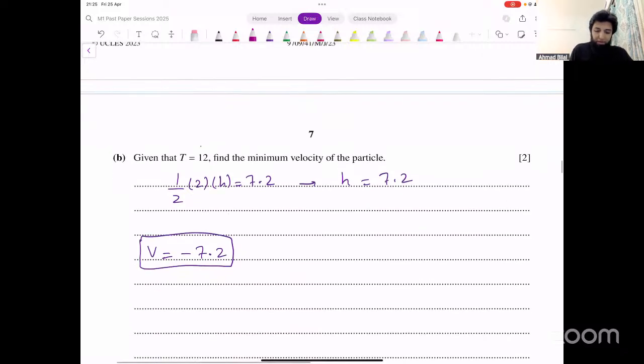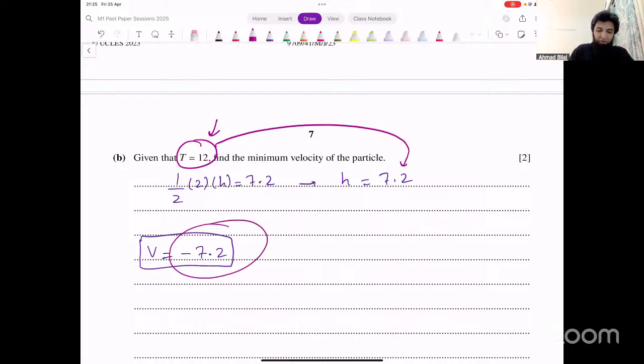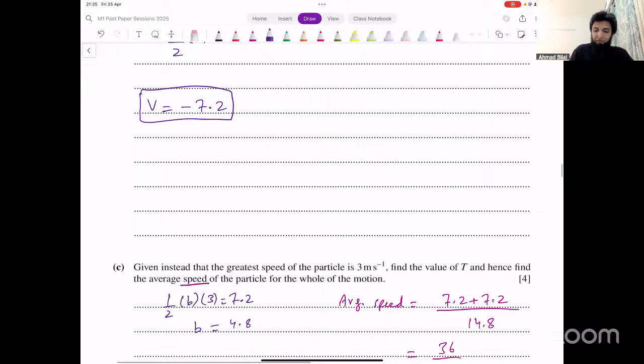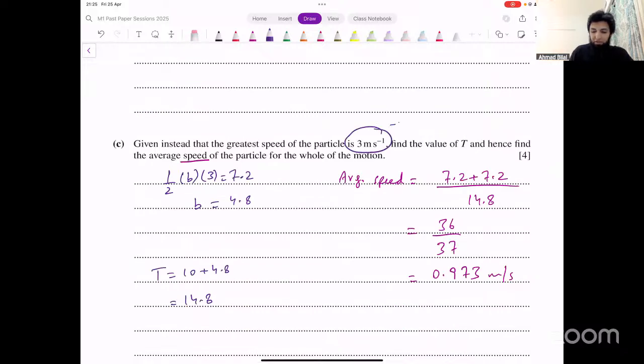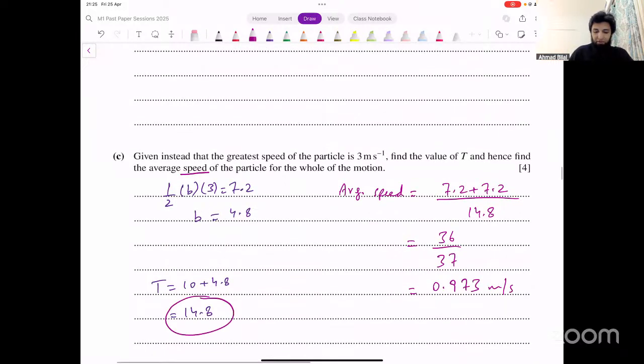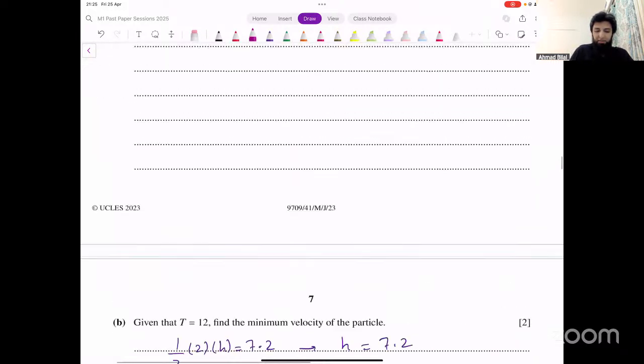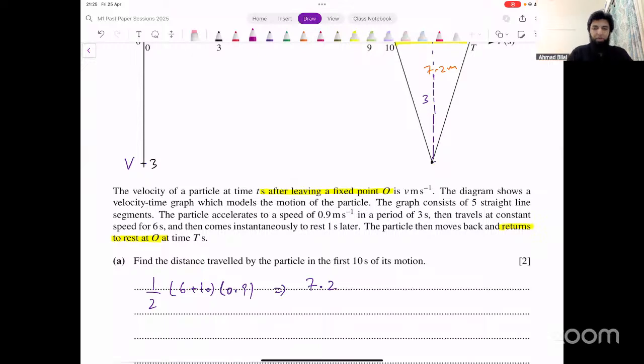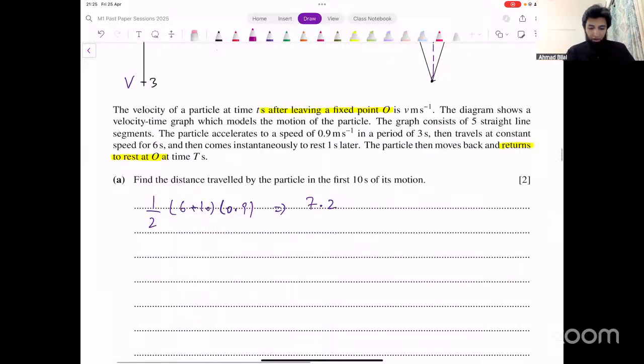So उसने पहले कहा था कि t की वैल्यू इधर 12 है. उसके corresponding the value of v that we were getting was negative 7.2. Now t is not 12 anymore. They've fixed the value of v instead, and that's minus 3 now. उसके corresponding फिर हमने t find किया, that's a different value for t. So yes, this 3 is in place of the 7.2 in the previous part. Yes, that's correct.